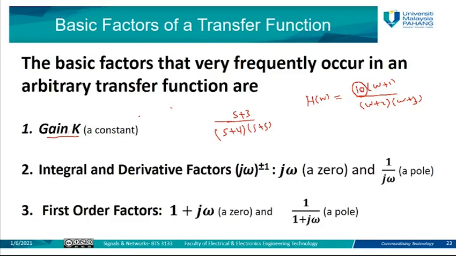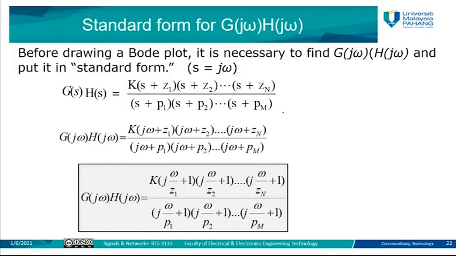In order to draw the Bode plot, we need to draw each part of this transfer function separately, because if we want to draw it manually by hand on semi-log paper, we draw it ourselves. So first we write the transfer function in its standard form.